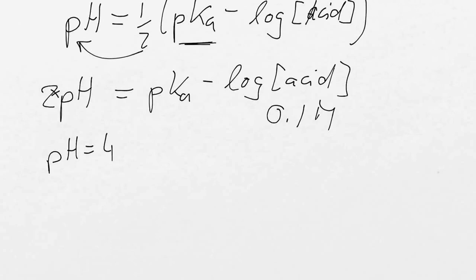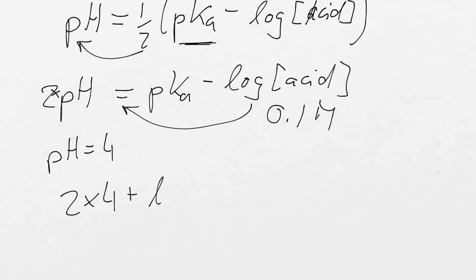Well, 2 times pH, that gives me 8. Well, let me do it slowly. 2 times 4, I bring this to the other side, plus log of 0.1 equals pKa.